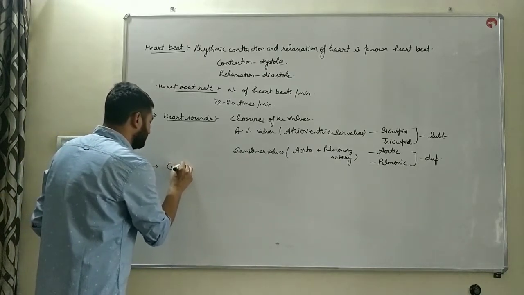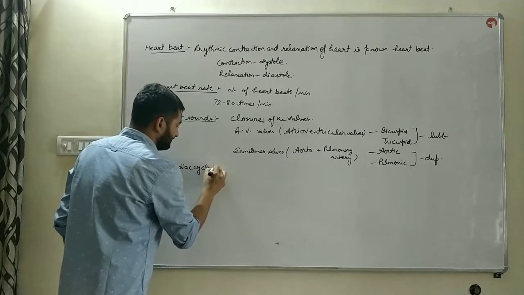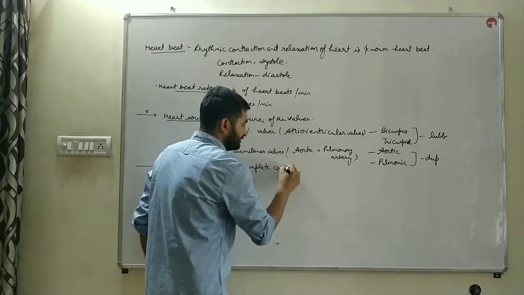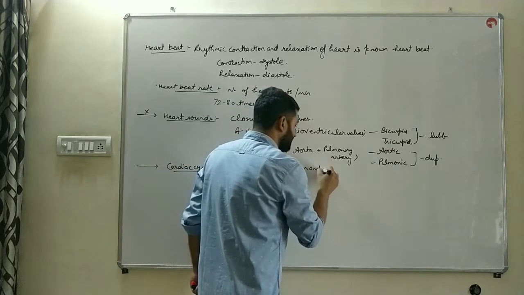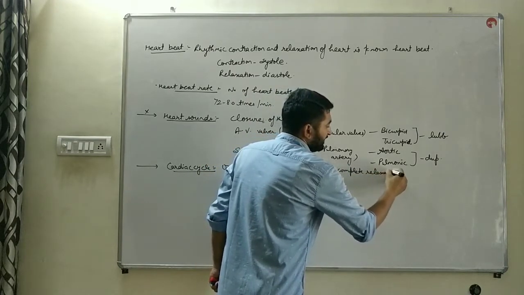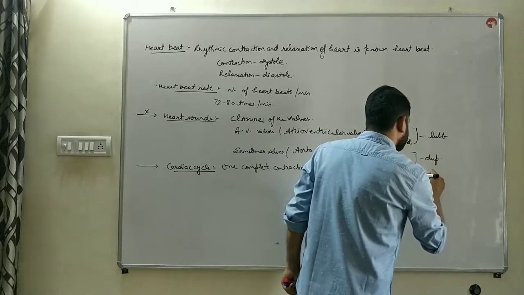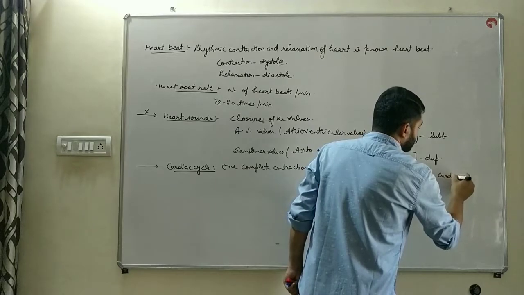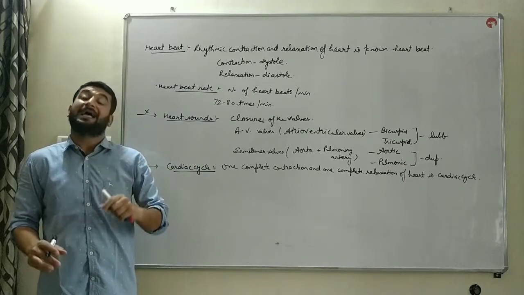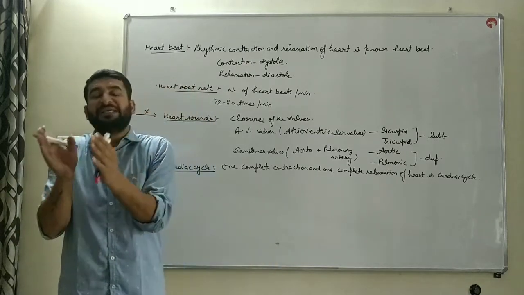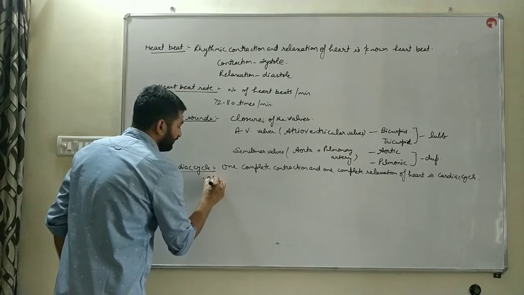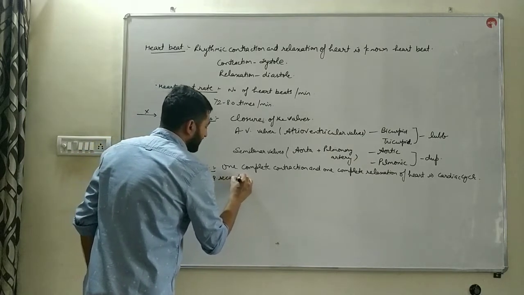Next we'll discuss cardiac cycle. One complete contraction and one complete relaxation of heart is known as cardiac cycle. When all the heart parts contract once and relax, that complete one contraction and one relaxation is referred to as one cardiac cycle, and the duration of one cardiac cycle is 0.8 seconds.